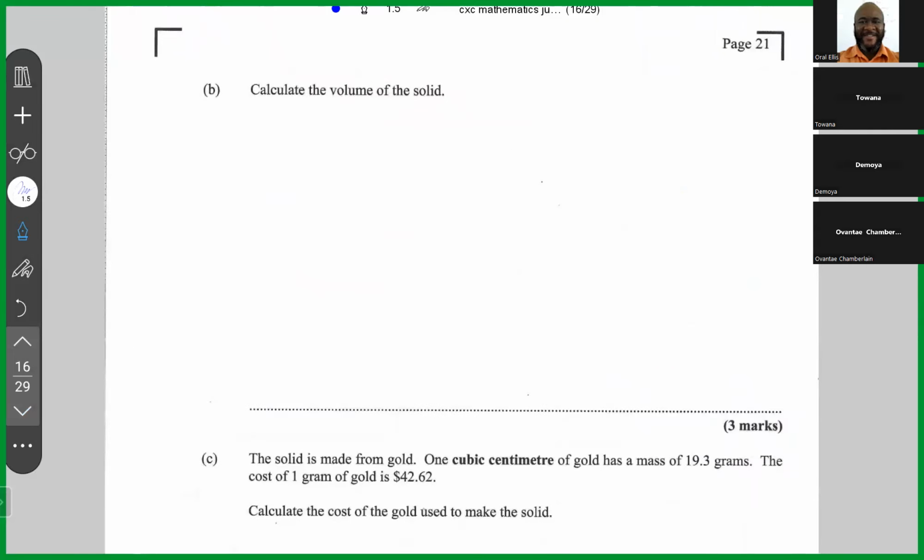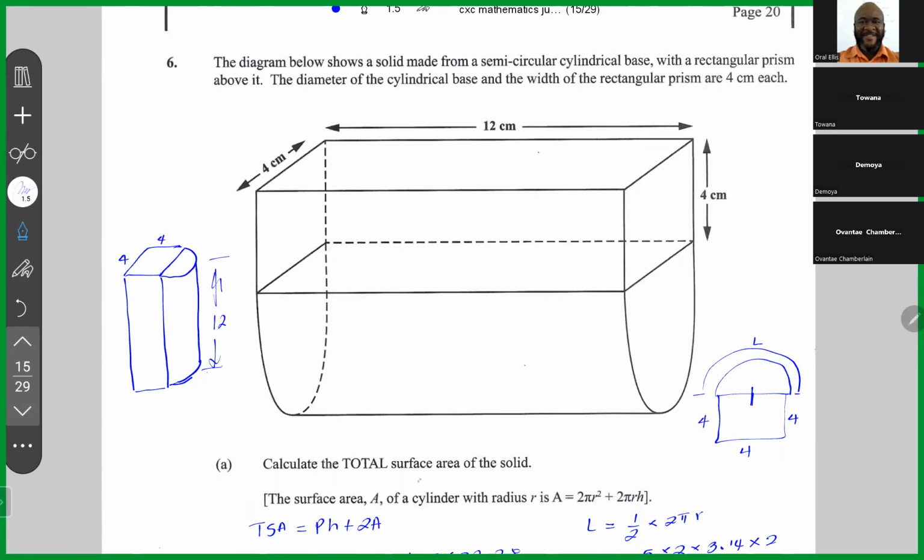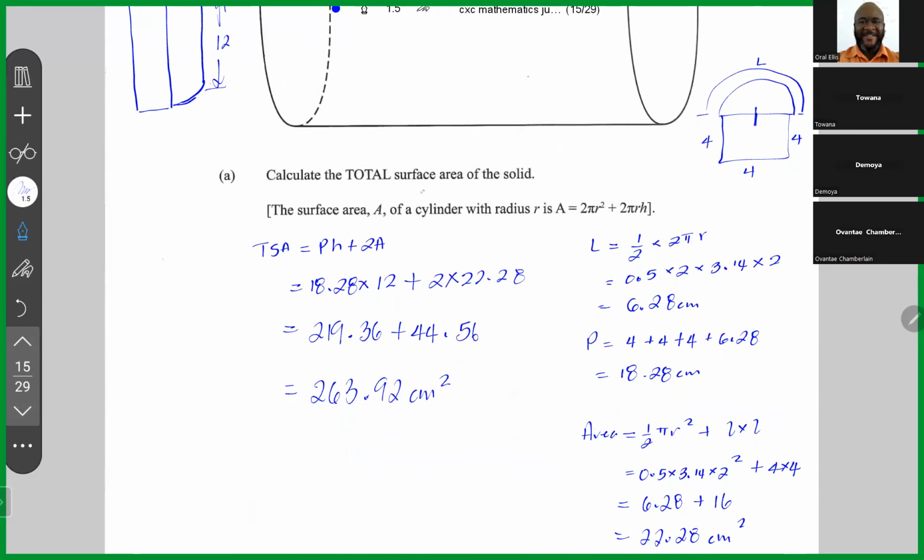Next, we're asked to calculate the volume of the solid. The volume of a solid shape with a uniform cross section is given by the formula V is equal to A times H. A, we already calculated, is the area of the cross section, which is 22.28.